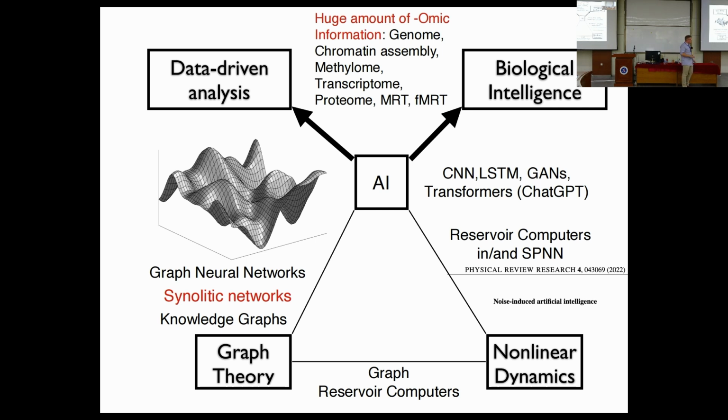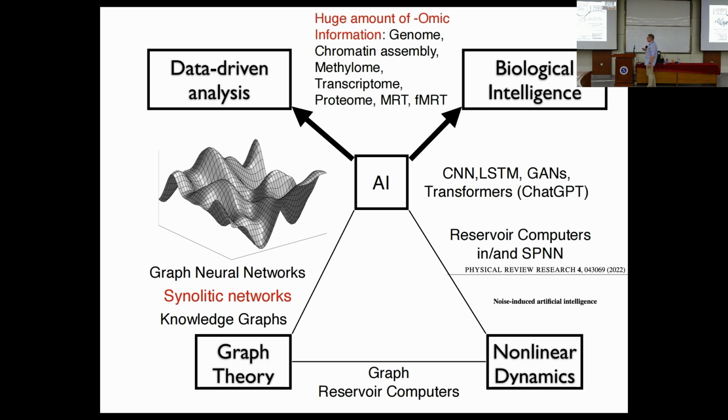Another direction is the link between AI and nonlinear dynamics, which I like very much because I spent 15 years of my early research in nonlinear dynamics, where we have spiking neural networks and reservoir computers, which work much more effectively for the prediction of time series than RNNs or LSTMs. I don't know how good they are in comparison with the transformer, but now people are very interested in reservoir transformers and graph reservoir transformers.